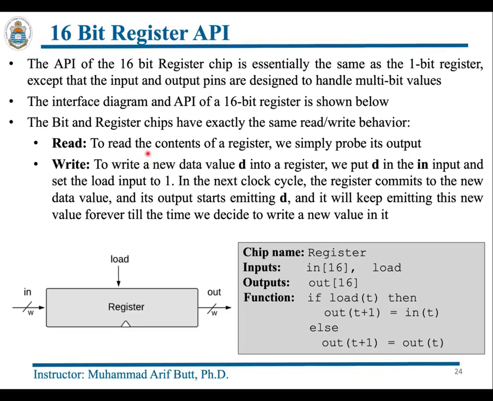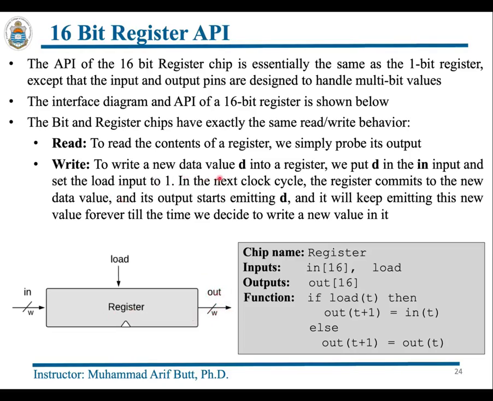Let me read this paragraph for exact understanding of the read-write behavior of this 16-bit register. To read the contents of a register, we simply probe its output. So whenever you want to read the register, you just read these 16 pins. Whatever is there inside the register, you will get it over here.